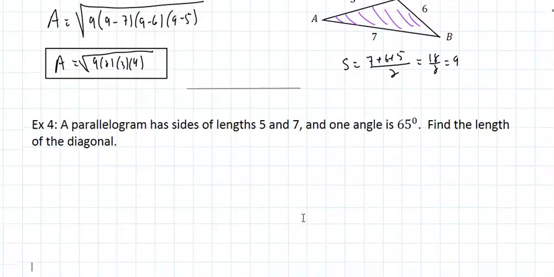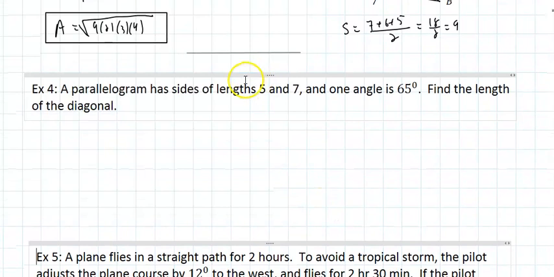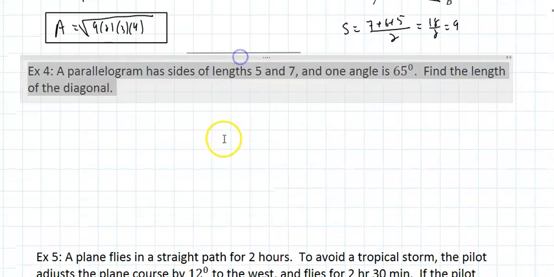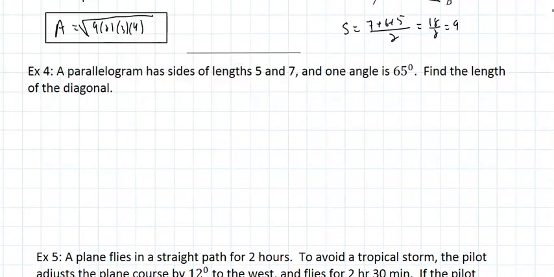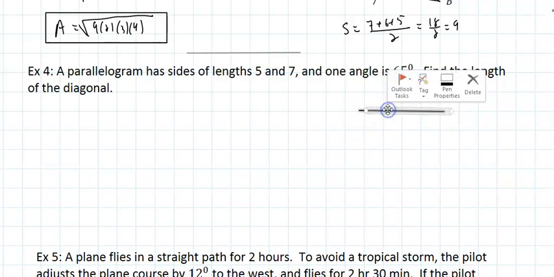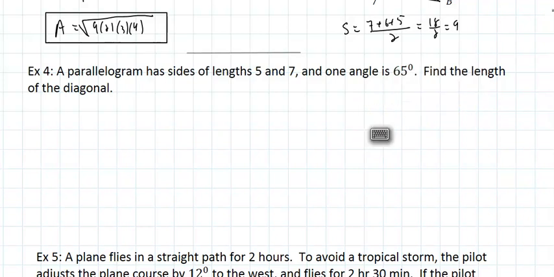So let's look at this first problem. It says a parallelogram has sides 5 and 7.